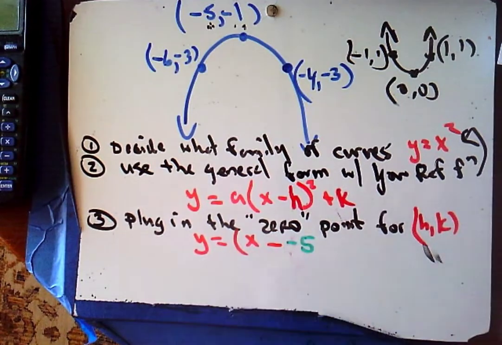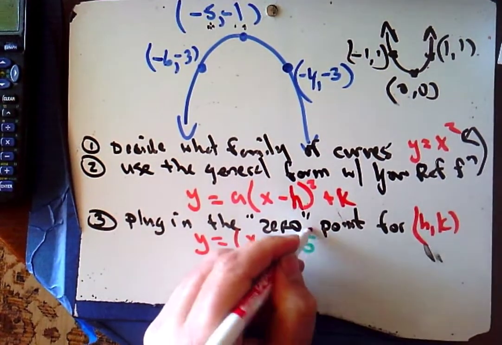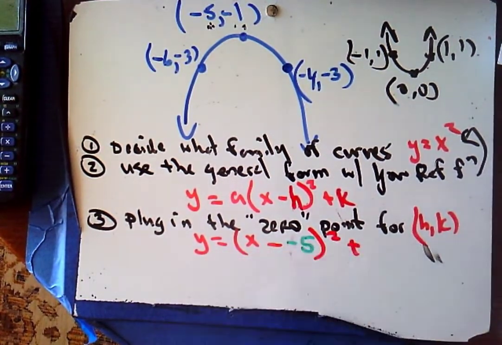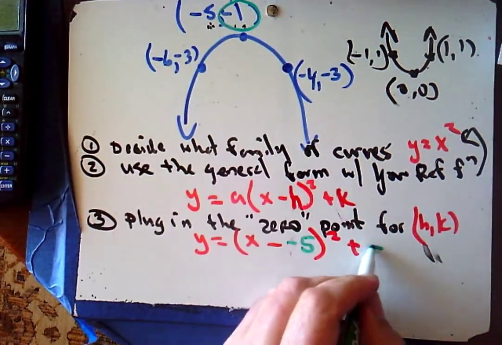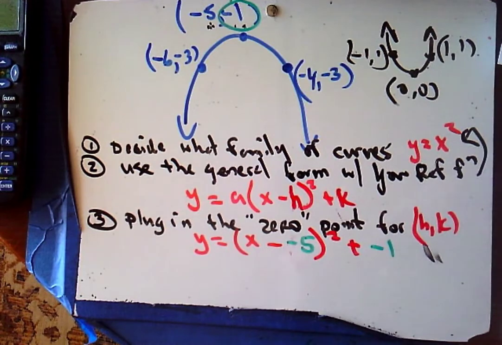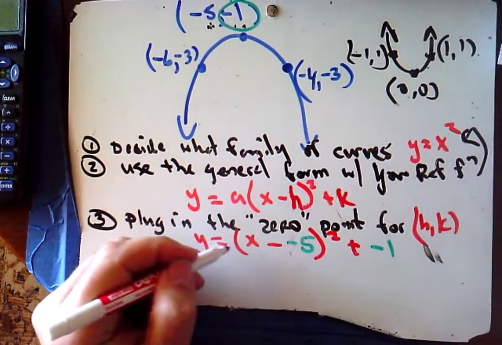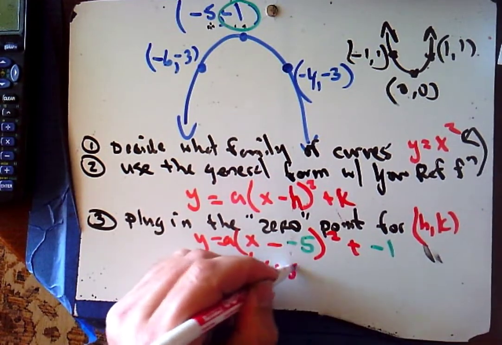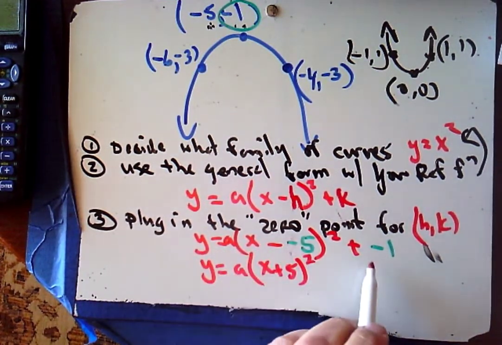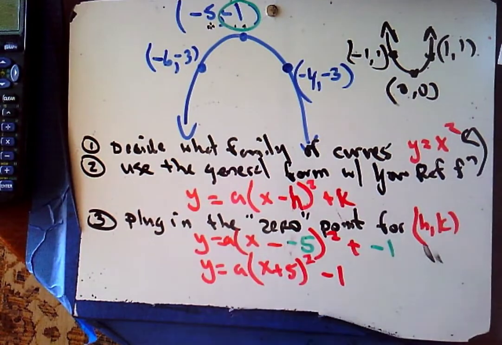Minus 5 squared plus, and what's our k value? Our k value is this, minus 1. And many students like to tidy this up. They like to say y equals a(x plus 5) squared, and then plus negative 1 I could just write as minus 1. We're not quite done yet.